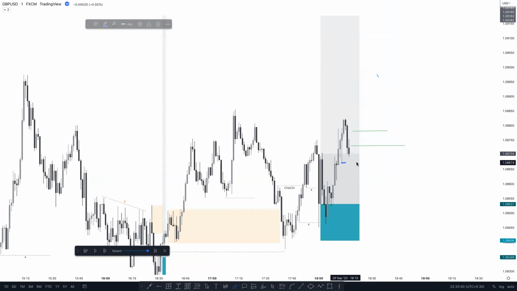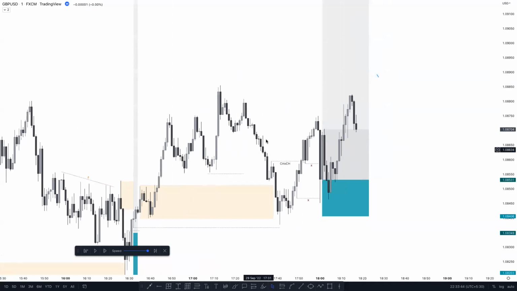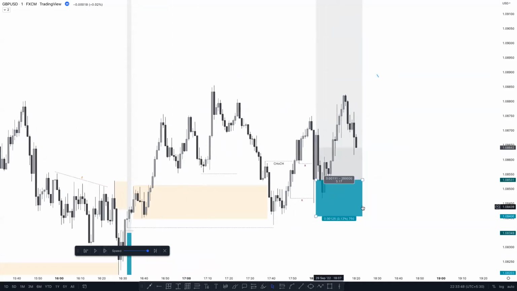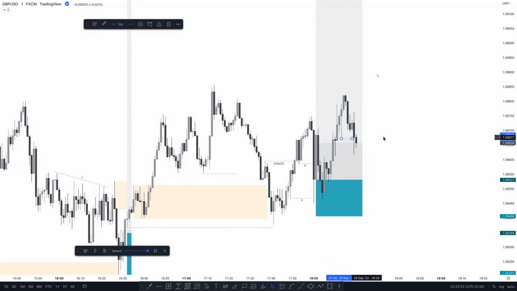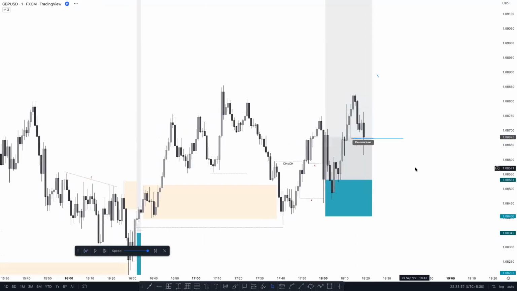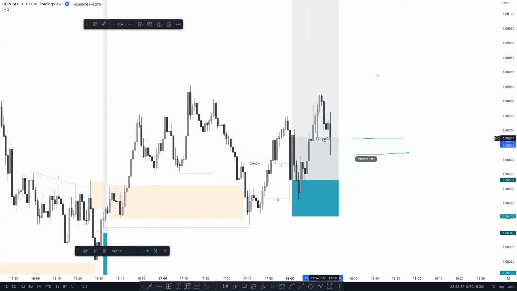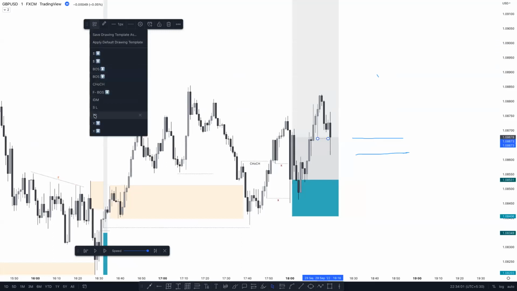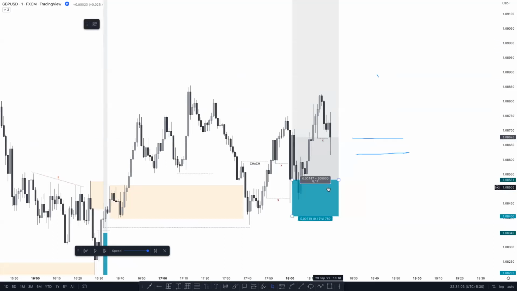Or if sweep this inducement, then we can again buy. Okay, perfect. So market just sweep the liquidity is here, right? Taken out the inducement. When market taken out the inducement, sweep the liquidity, we can buy.